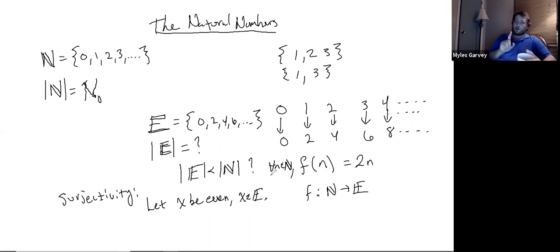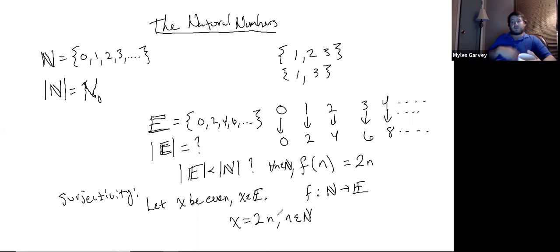What I need to show is that there exists a number that I can pass through this function, which will give me my definition of an even number. I can write x as 2 times some number n. But n here is any number that's in the natural numbers.